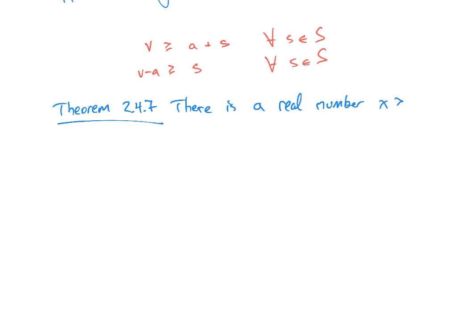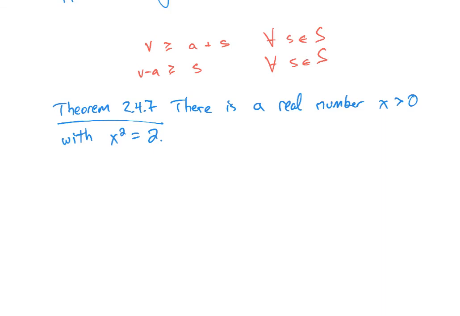In fact, it's positive, with x squared equal to 2. We've noted before this that the square root of 2 is not a rational number. And this theorem is confirming that there actually is a real number, which is the positive square root of 2.